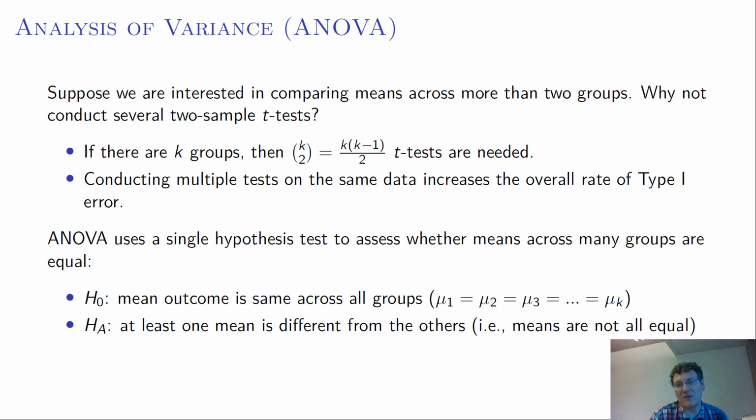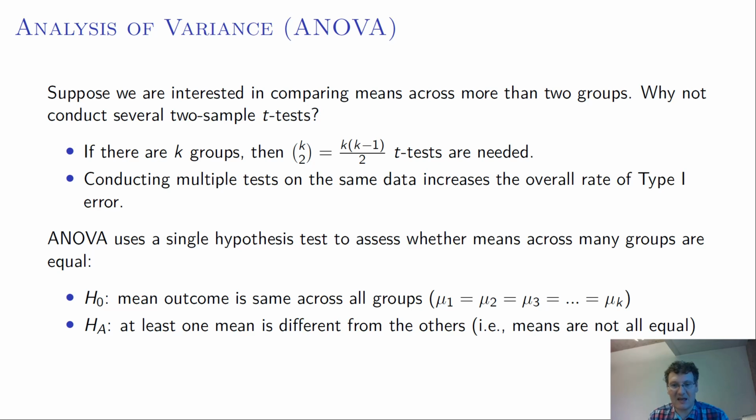So the more tests you do, the more likely it is that at least one of these false positives is going to pop up. So we don't resort straight to doing a bunch of pairwise T-tests. Instead, we use a method called ANOVA.